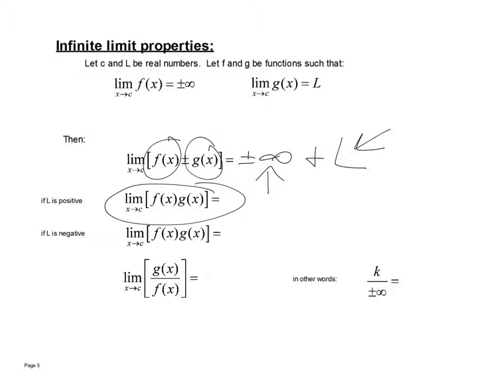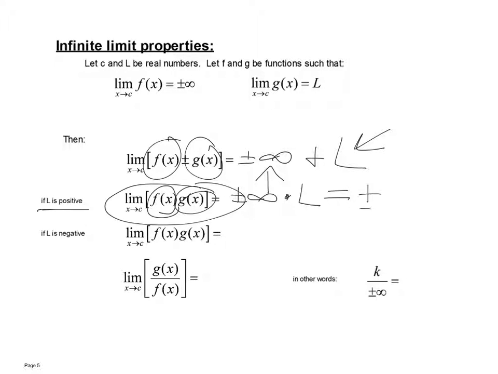All right, so what if L is positive and we have f times g? Well, we know from our limit properties that we can do the limit of f as x goes to c times the limit of g, which is L. Now, it says out here L is positive, so if I have plus or minus infinity times L, well, if I take a big, big number and multiply it by a number, it's still a pretty big number.